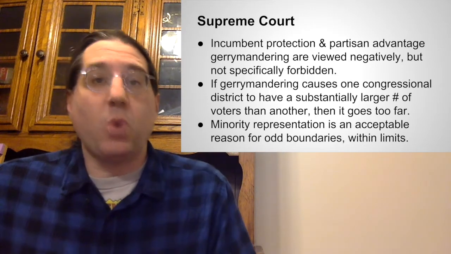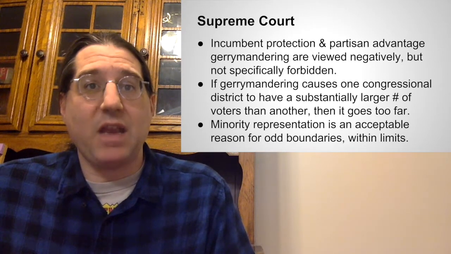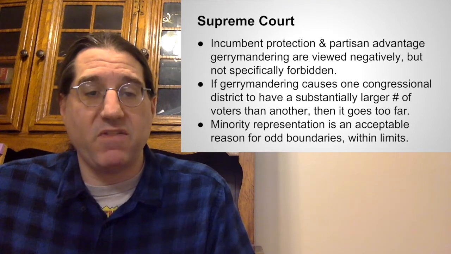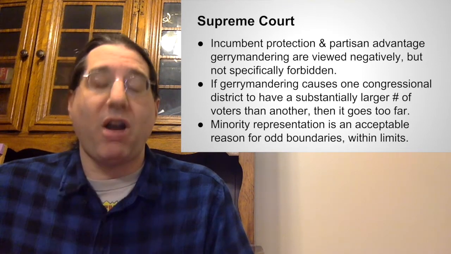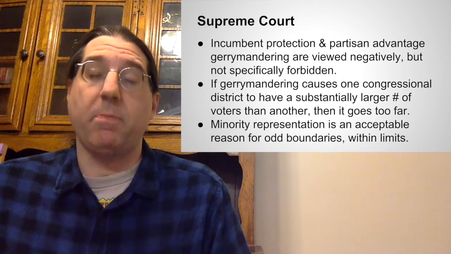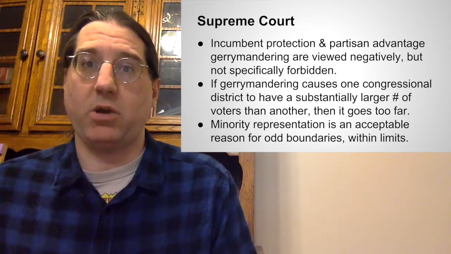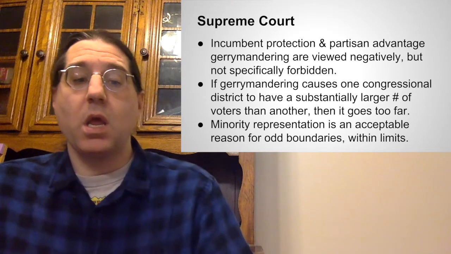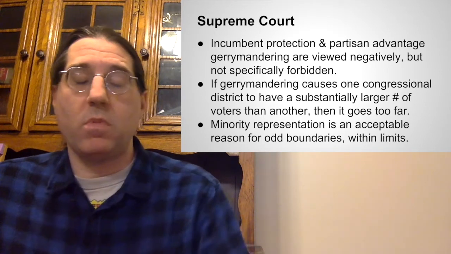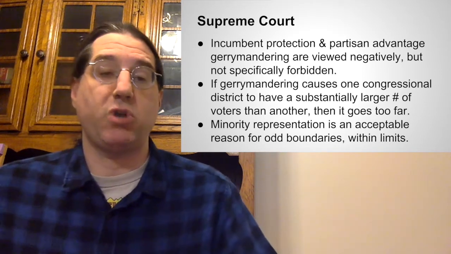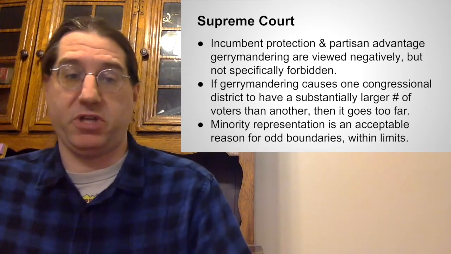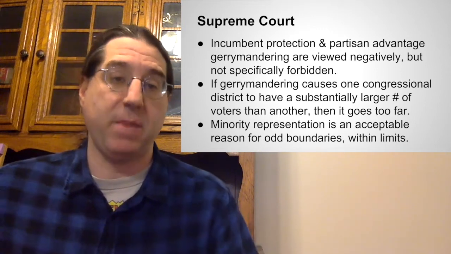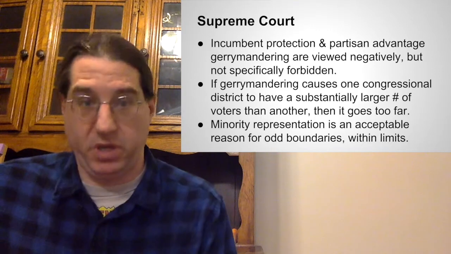Now, the Supreme Court has said that incumbent protection and partisan advantage gerrymandering are not specifically outlawed, but they've kind of said don't get crazy about it. You cannot make one district way bigger than another district. I can't make one district that has 10 people in it and another district that has 1 million people in it.